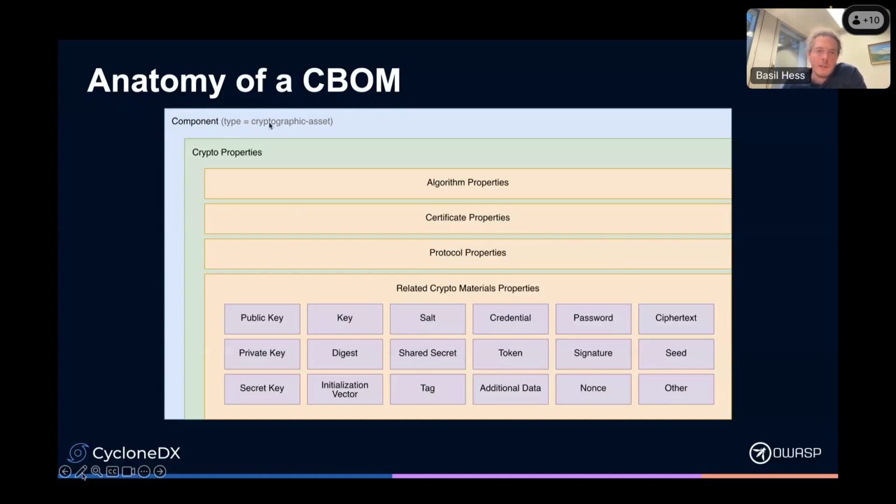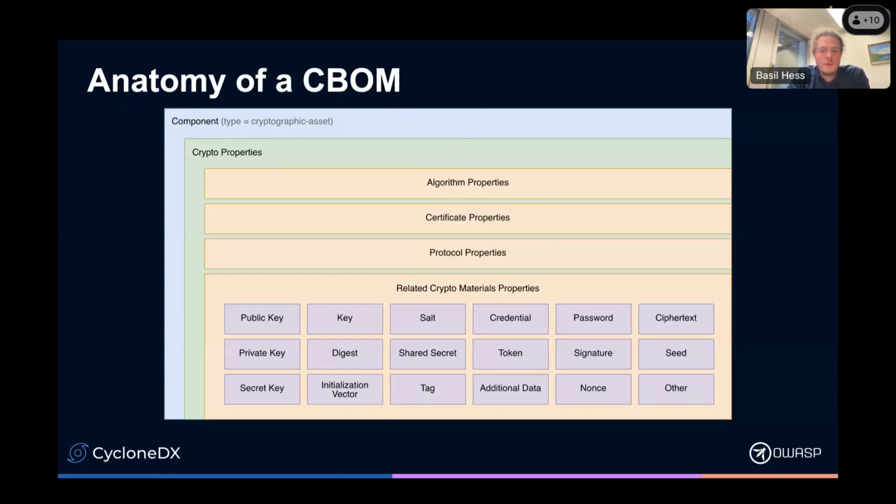So we added a new type here called cryptographic asset, which comes with an object model called crypto properties. And here we can express different kinds of cryptographic assets, where we have algorithms, certificates, protocols.